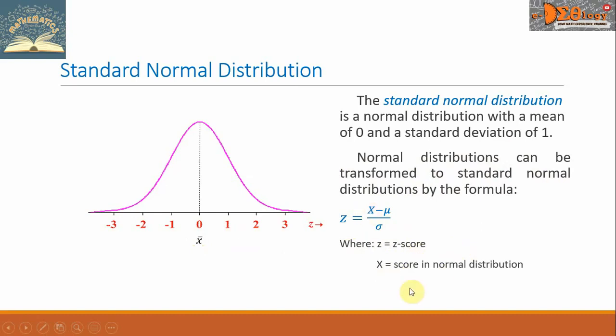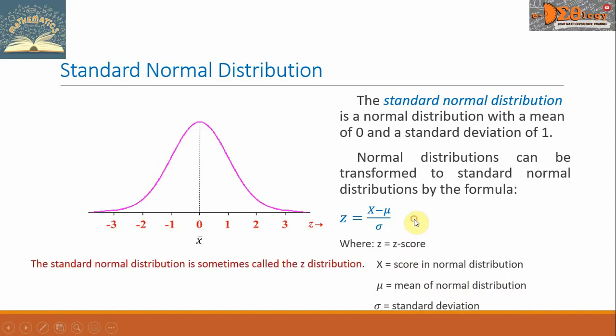The capital X is a score in normal distribution. Mu is the mean of normal distribution, and sigma is the standard deviation of the distribution. The standard normal distribution is sometimes called the Z distribution.